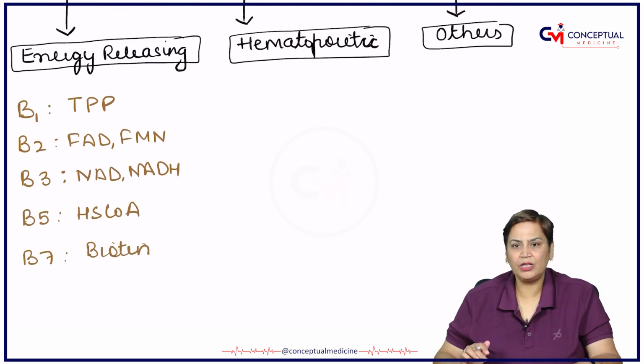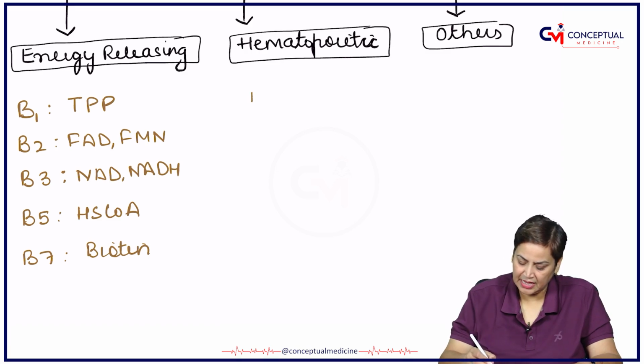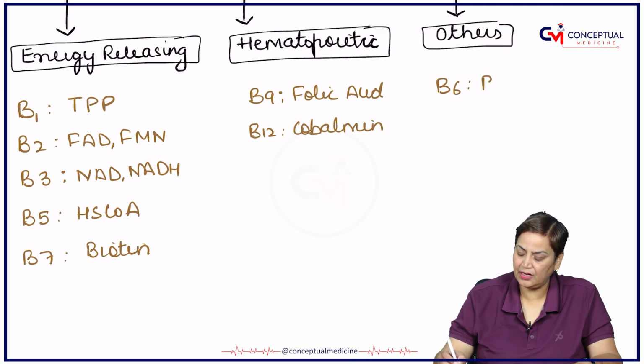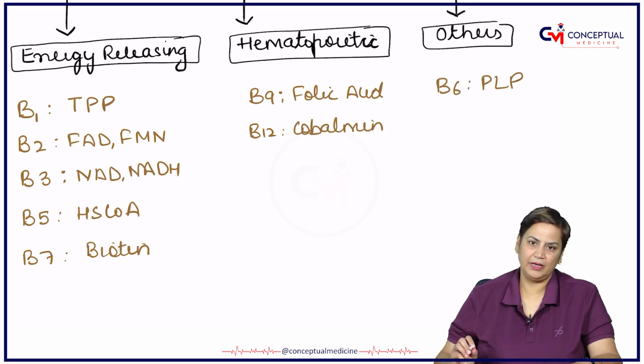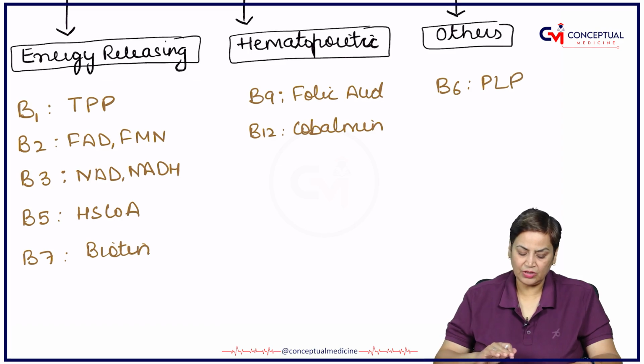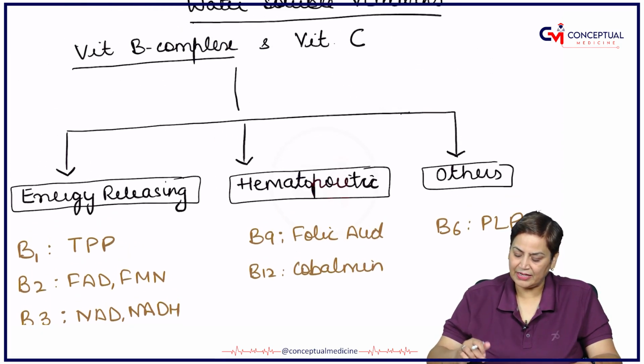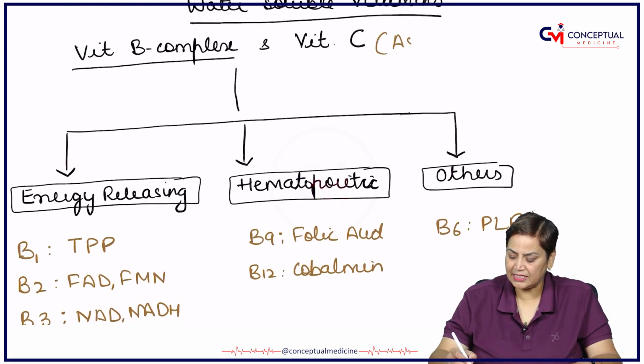Then the hematopoietic vitamins are two: B9 which is folic acid and B12 which is cobalamin. And others will include B6 which is pyridoxal phosphate or pyridoxine. So this is how we categorize the B complex vitamins, and vitamin C is there, which we call ascorbic acid.